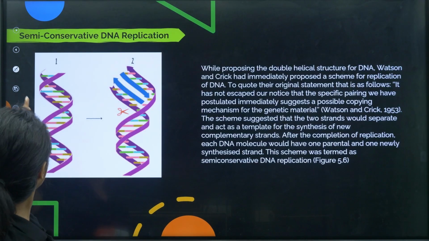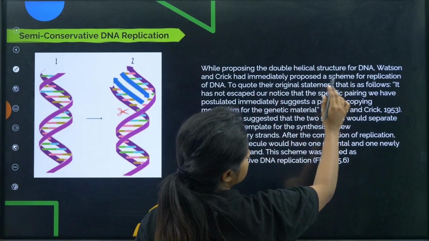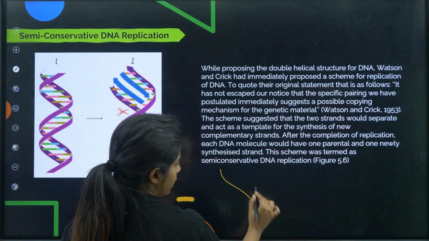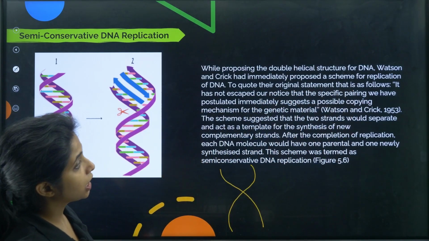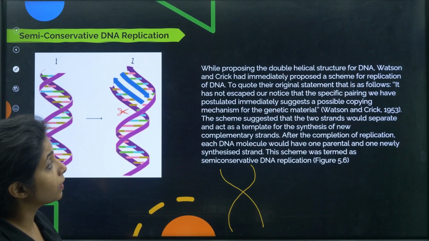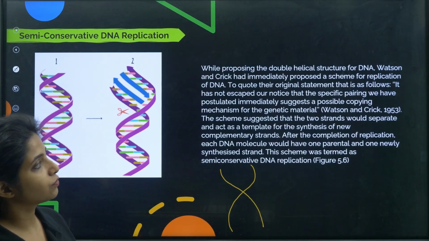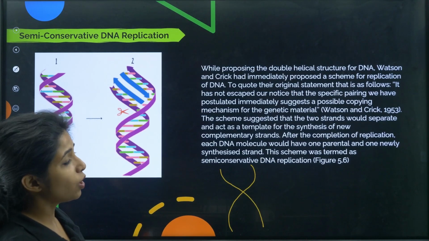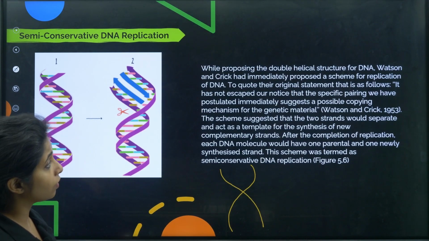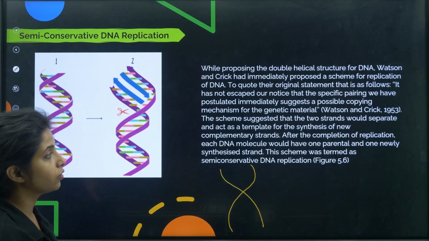So, we will be reading about it. Let's read it first and then we will go ahead. While proposing the double helical structure for DNA, that is, this is one helix, this is another one, Watson and Crick had immediately proposed a scheme for replication of DNA as well. To quote their original statement: it has not escaped our notice that the specific pairing we have postulated immediately suggests a possible copying mechanism for the genetic material.